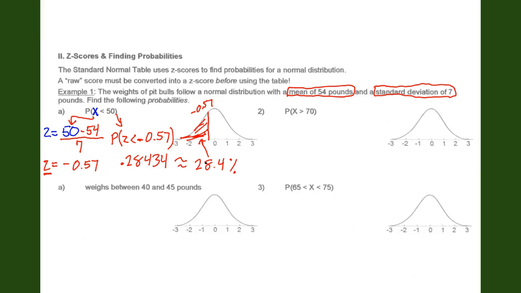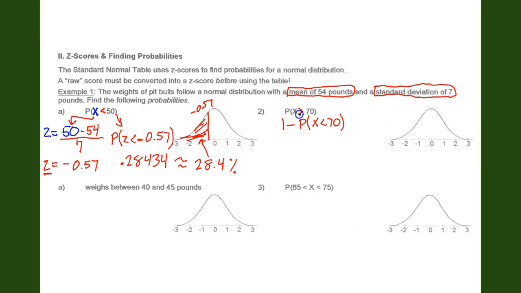And just like the homework yesterday, there are some that are less than, and you can just look up on the table because the table gives you less than. It doesn't give you any greater than. So when you come to a greater than problem, remember you have to subtract it from 1. So we have to do 1 minus the probability of x less than 70.